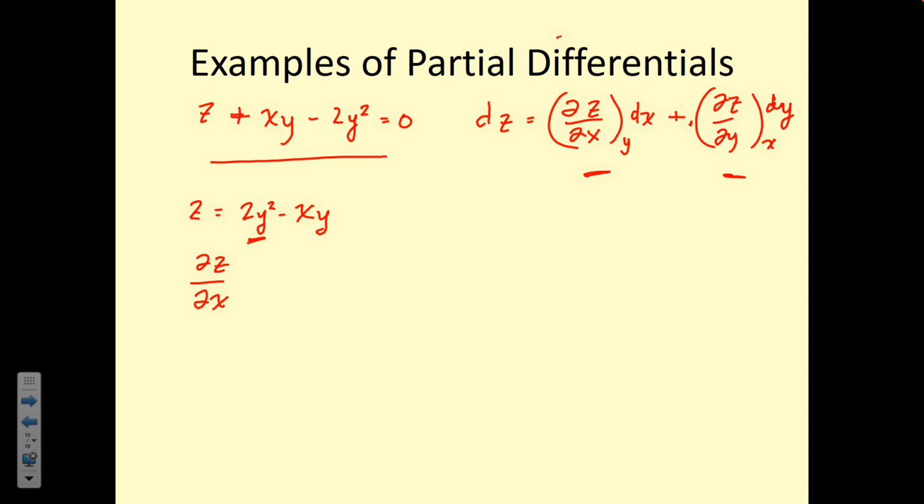What is y? Some constant, right? What's the derivative of a constant? 0. So then what's the derivative of negative xy? Holding y constant. Yeah, the derivative. Negative y. So del z del x holding y constant is negative y.